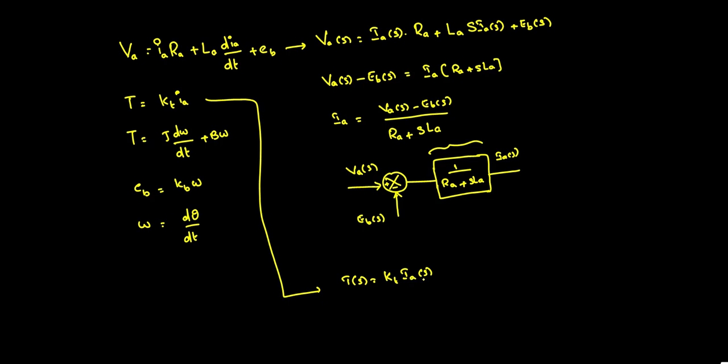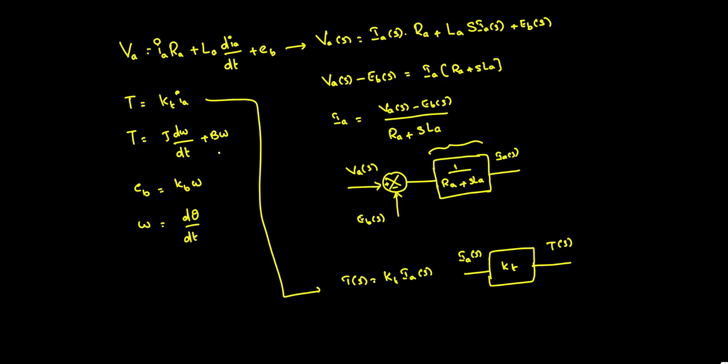When you give IA as the input, it is multiplied with KT, so the torque you get as output by giving the current, T of s, is KT times the input IA of s.